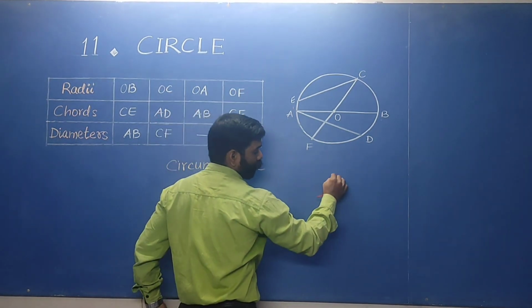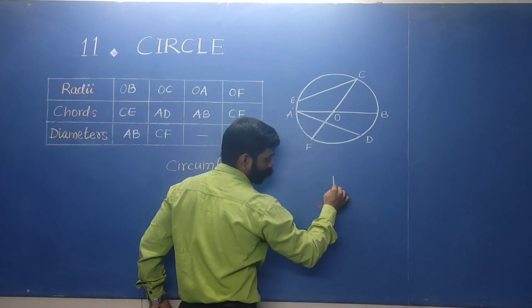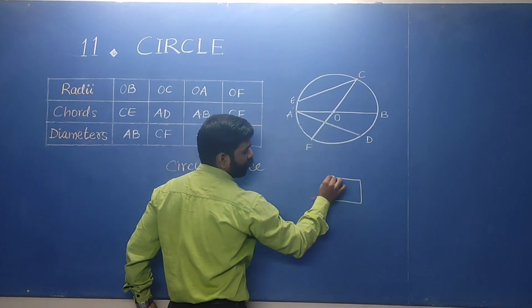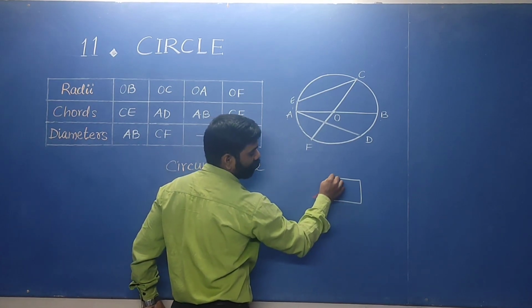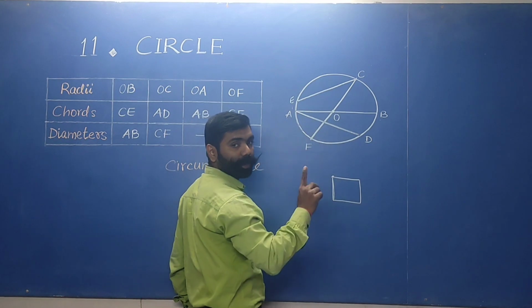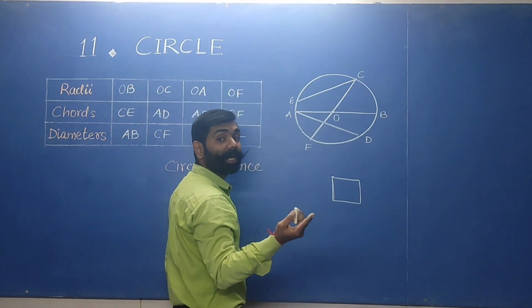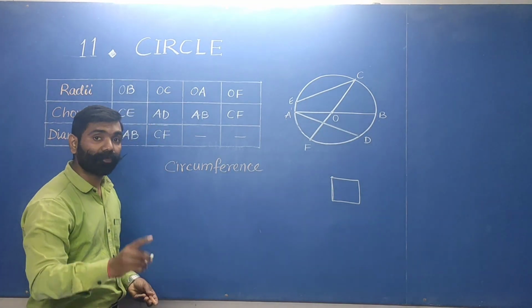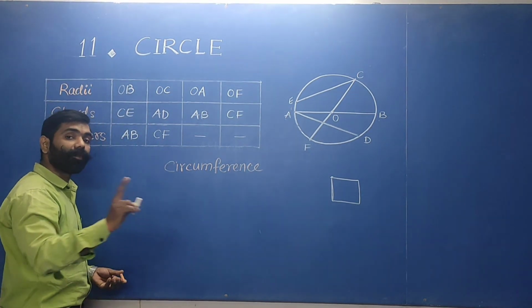If I am drawing a square, I start from this point and end on this point itself. So this is a closed figure. A circle is also a closed figure. That's why we take out the perimeter. Perimeter is nothing but circumference. Circumference is the perimeter of a circle.